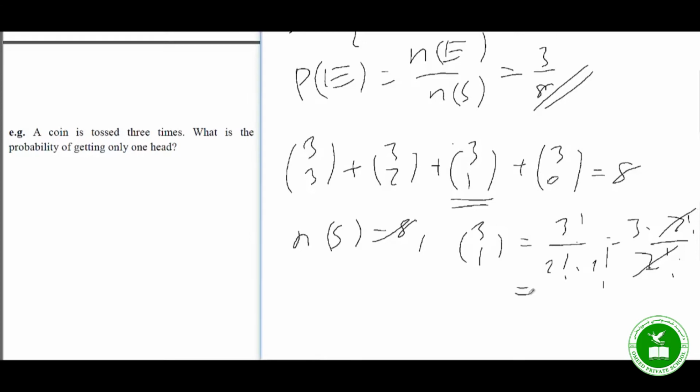So what's left is 3. It means the number of event is equal to 3. If you divide the number of event by the number of sample space, you get the probability of this event as 3 over 8.